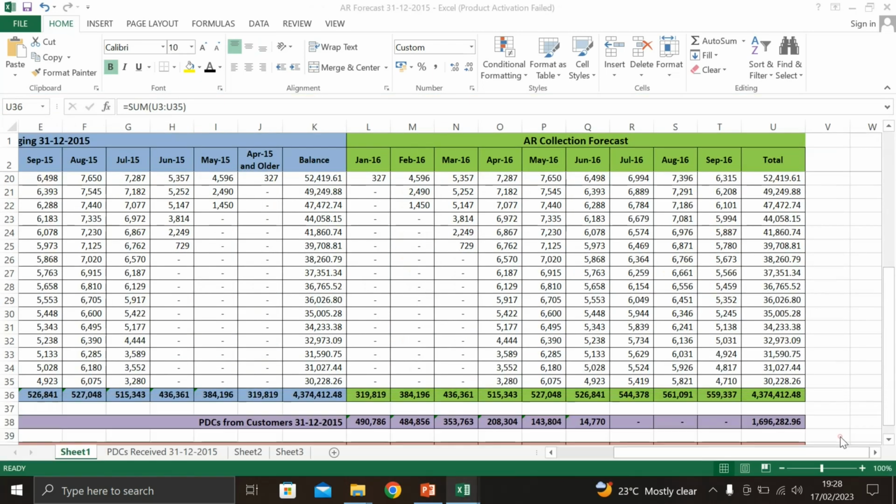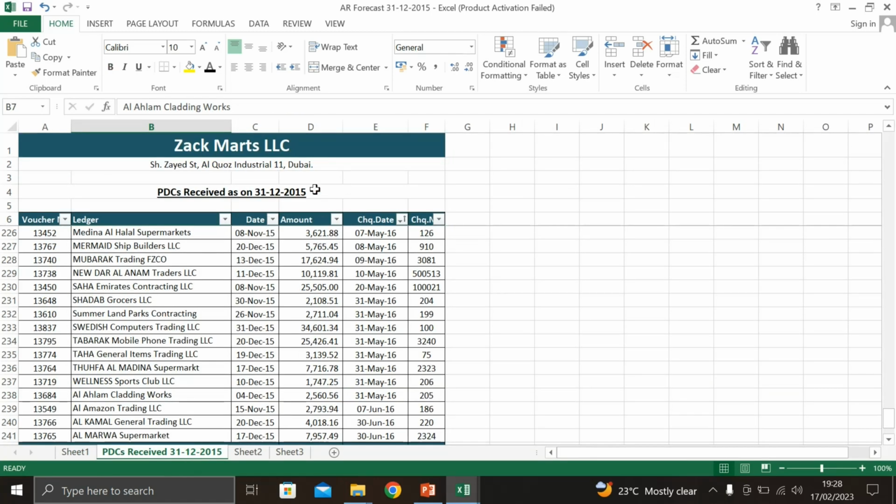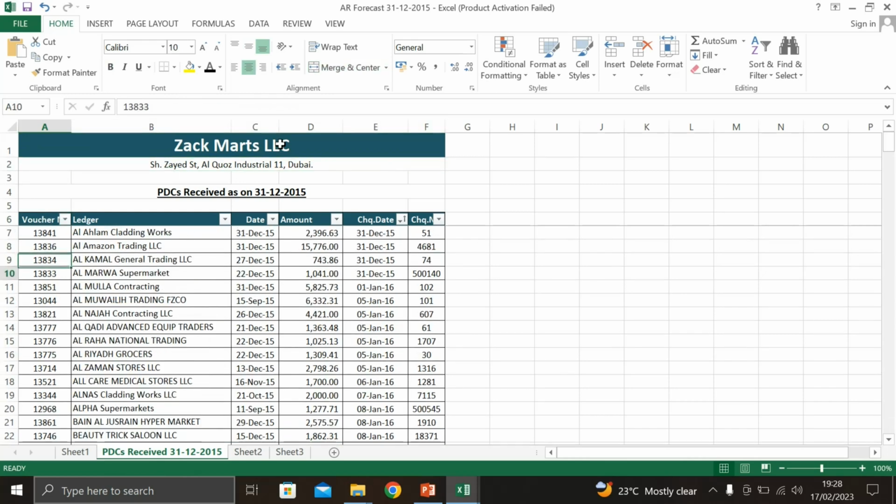After finishing all this task, we will see that 4.37 million was our total AR balance, and the same amount we have forecasted, that in Jan, Feb, March, each month we will receive amounts like this. Then we have PDCs from the customers. We will export our PDCs from customers file here for Zachmarts, the company name.